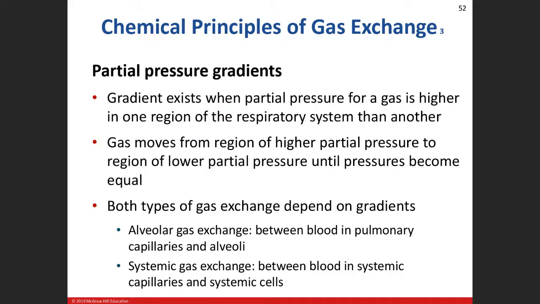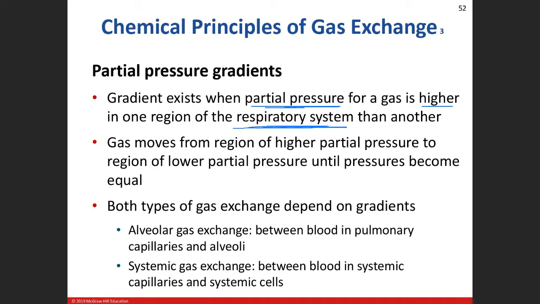So this is all reviewed right here with the partial pressure gradients. We know that we're dealing with the pressure gradient: something that's in a high pressure area is going to move down into a lower pressure area. And that's the same here when we're dealing with partial pressure. So we go from an area where a gas is higher to an area where it's lower, and we're going to see how that moves through the respiratory system.